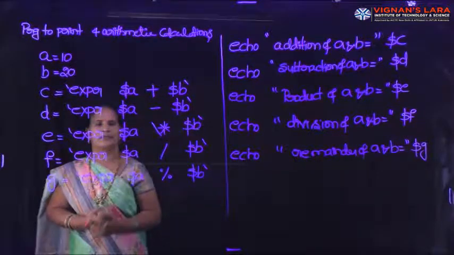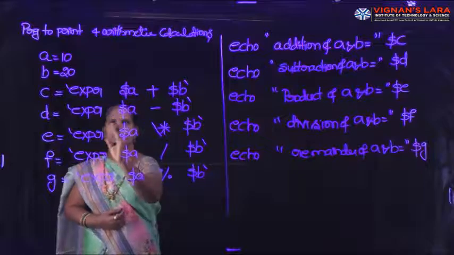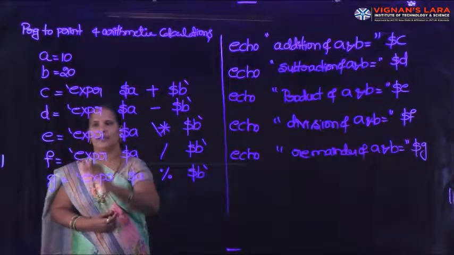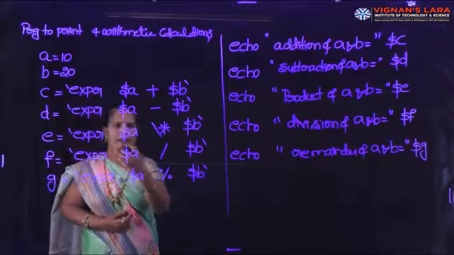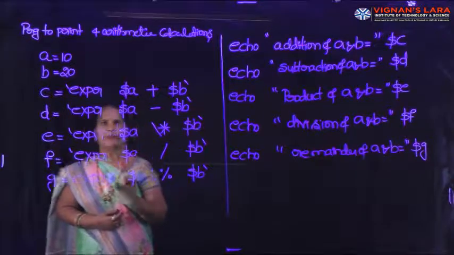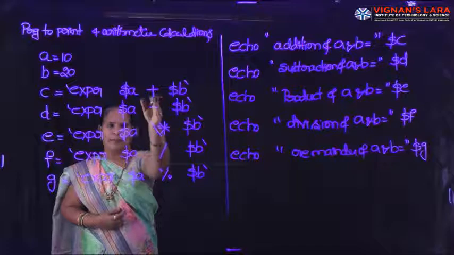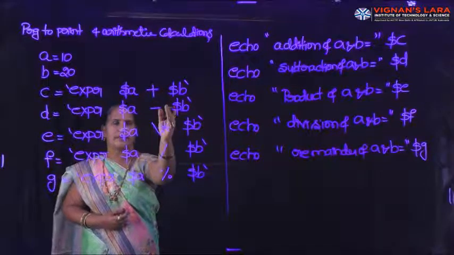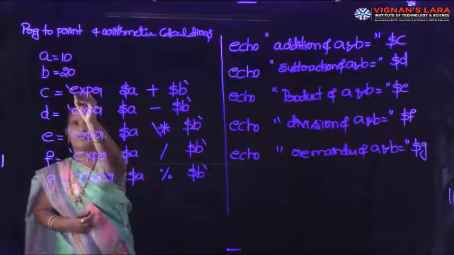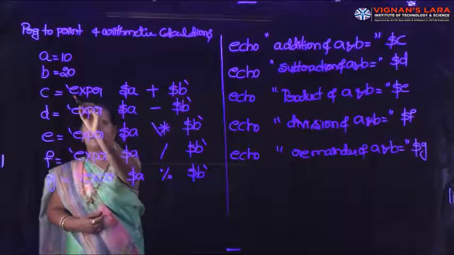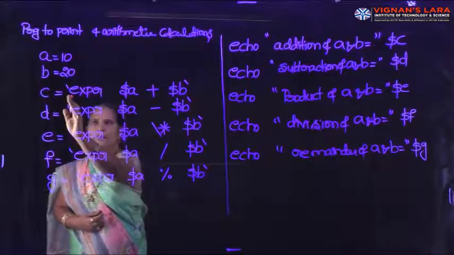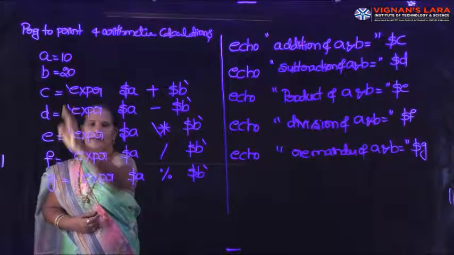The syntax of expr is: expr, first a single quotation. This key is available under the escape key in the keyboard. Expr space, first variable name space, arithmetic operator such as plus, space, second variable. Now I have to get this symbol again: this is starting and this is ending. No space in between this quotation and expr.